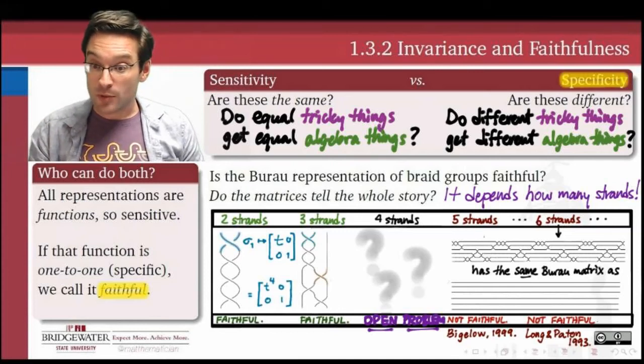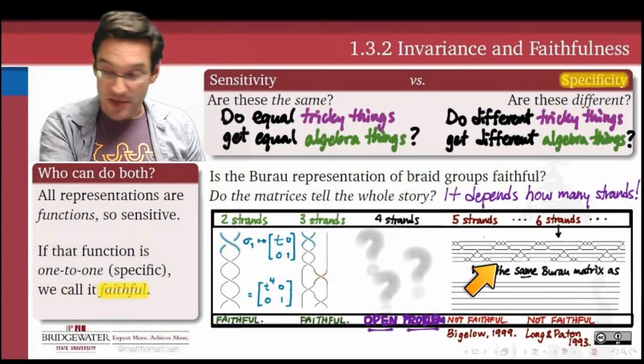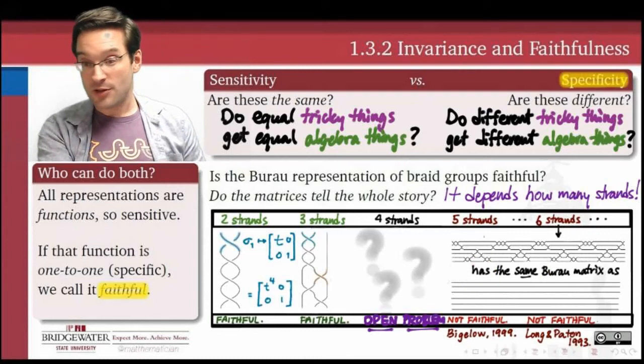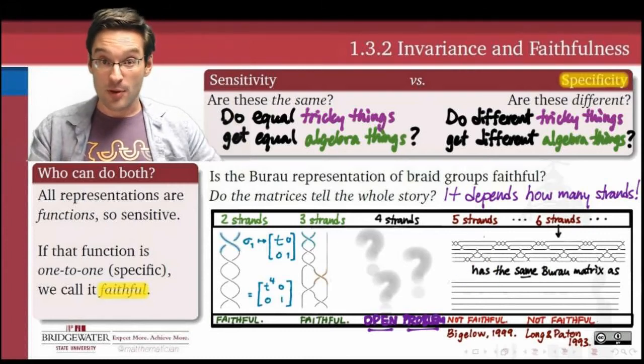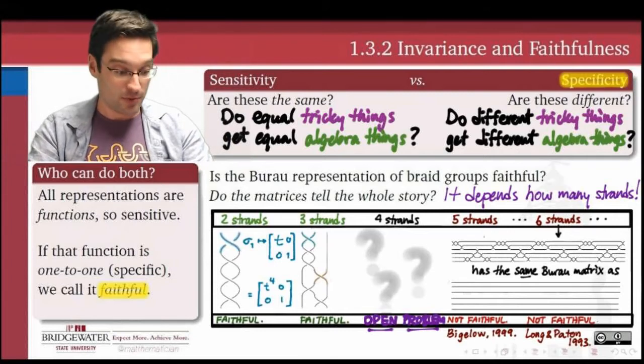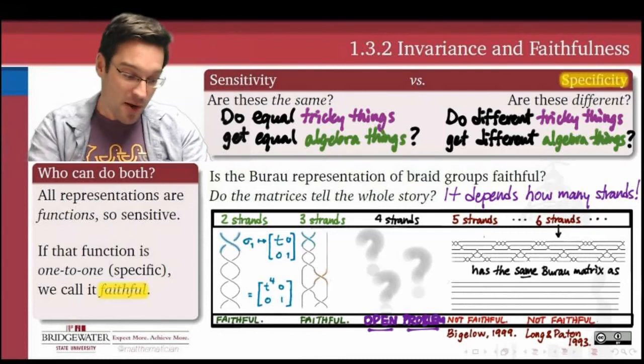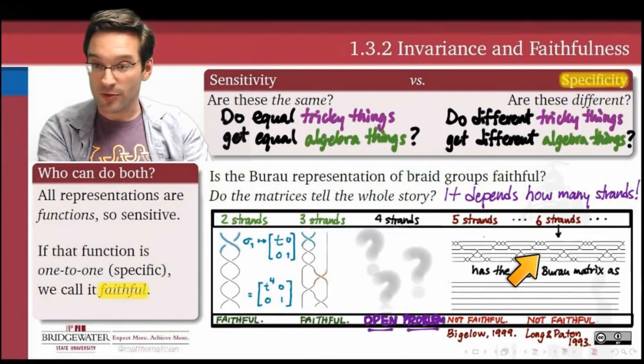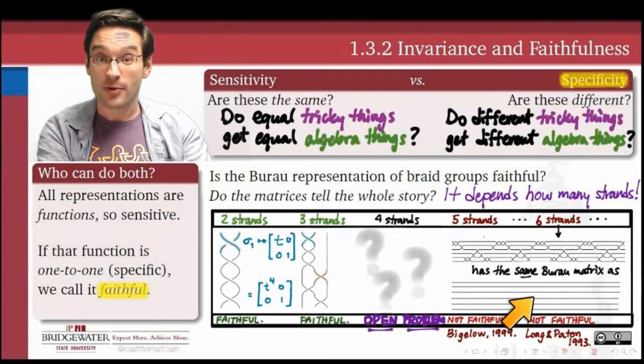You might imagine that one way of investigating this question might just be to build a whole bunch of non-trivial braids on 4 strands, compute their Burau matrices, which we can do with open source, widely available technology, as we'll do in our class, and just see whether or not we can make any non-trivial braid on 4 strands have an identity matrix, for example, as its Burau matrix, in the way that this braid on 6 strands did.